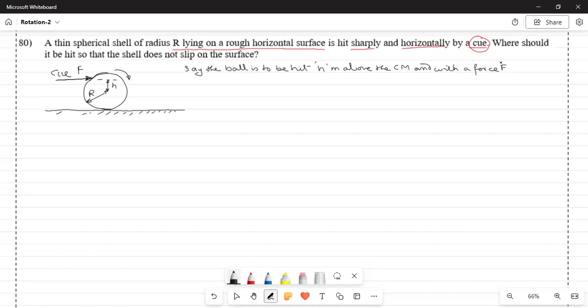We have to find out only the value of h. Where is it to be hit?